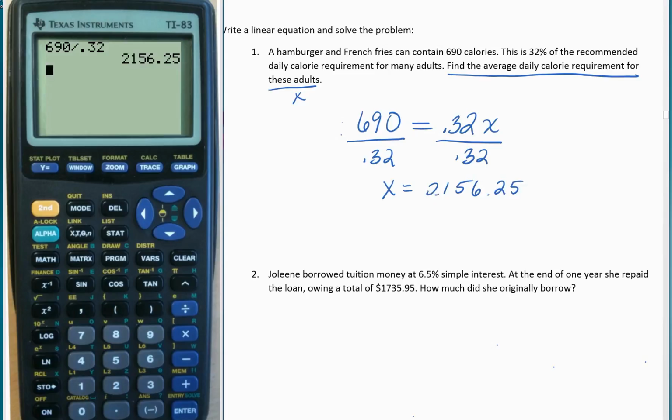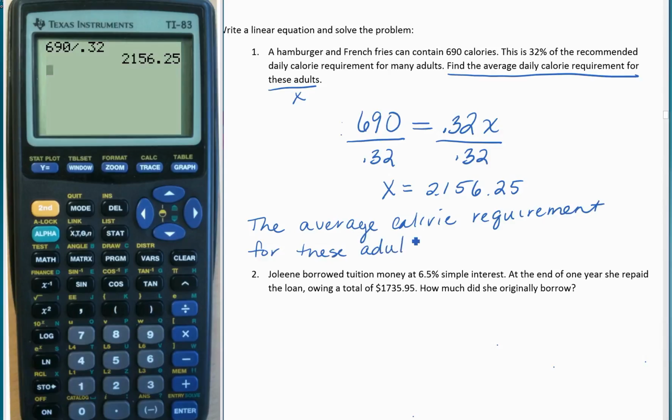So if we rounded to the nearest calorie, we would say that the average calorie requirement for these adults is about 2,156 calories.